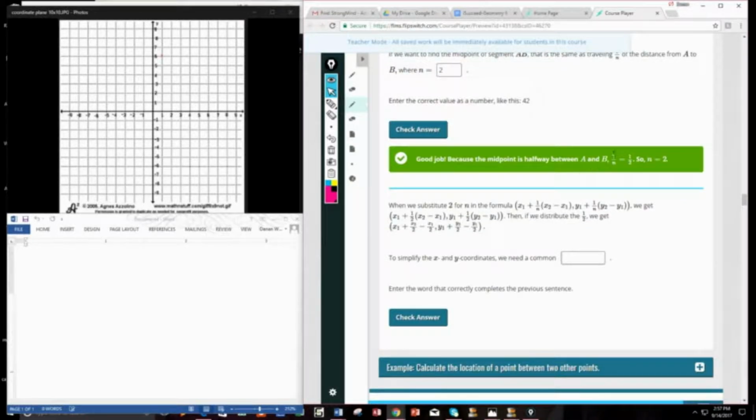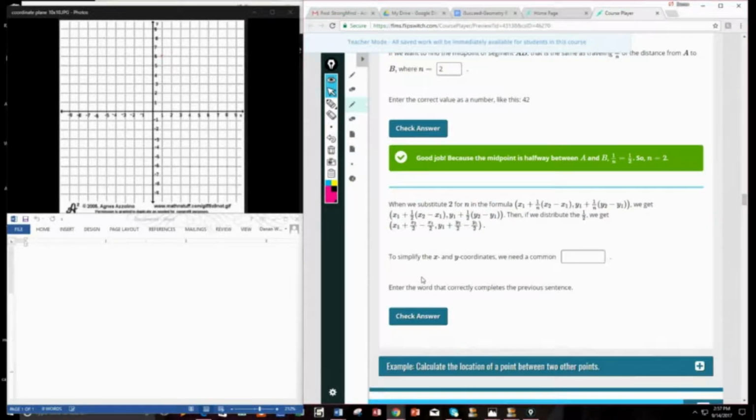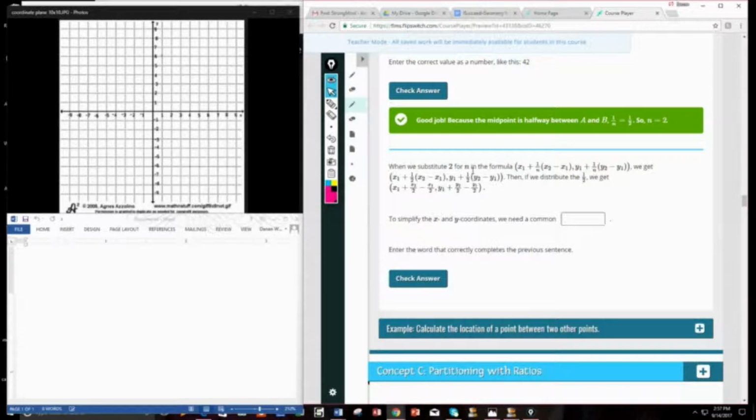Alright, so 1/n, the n is 2. When we substitute 2 for n in the formula, x1 plus 1/n times quantity x2 minus x1, and the y-coordinate of y1 plus 1/n times quantity y2 minus y1, we have x1 plus 1/2 times the quantity x2 minus x1. That means when we substitute, we replace every n with a 2. So that is what they did here.